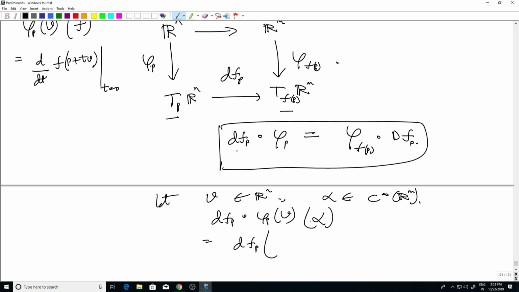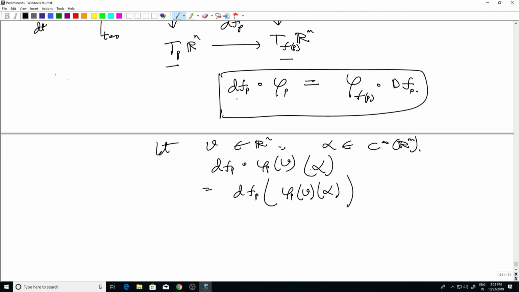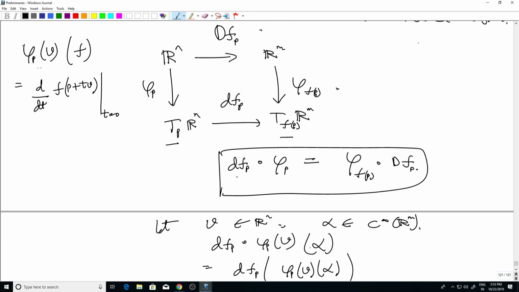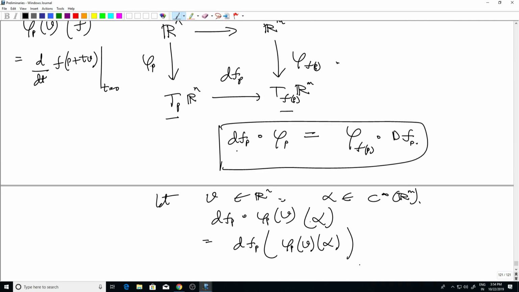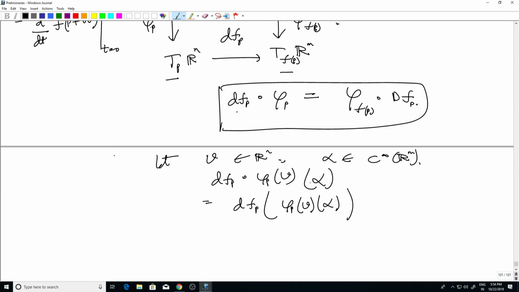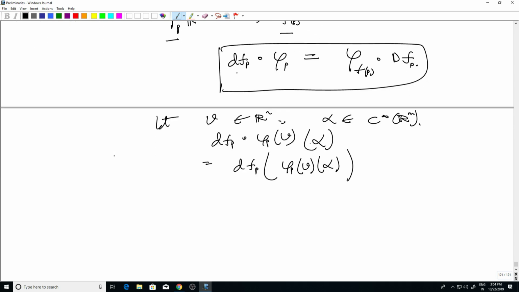dfp acting on phi_p v, alpha, is what I have here. Well, phi_p v acting on alpha, as I've mentioned earlier.